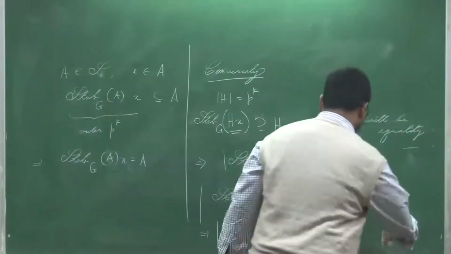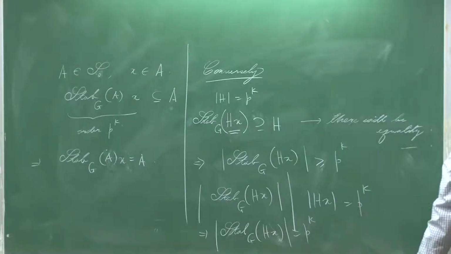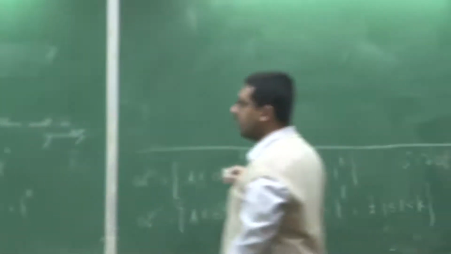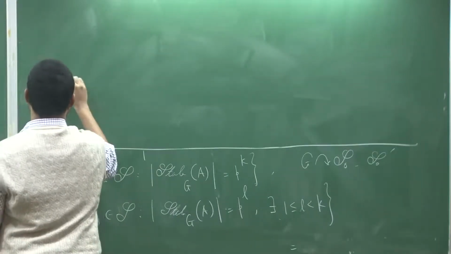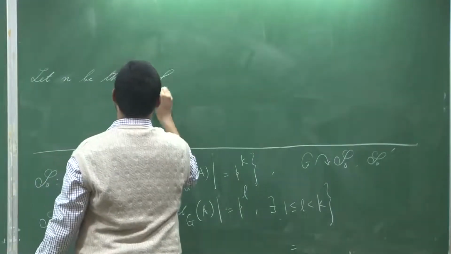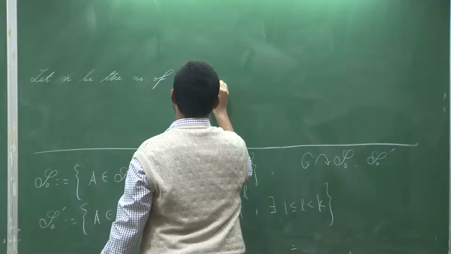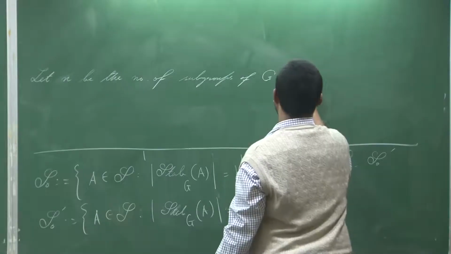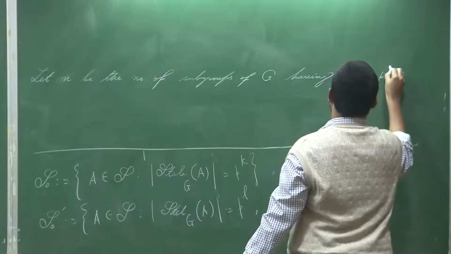So, that tells me the following: let n be the number of subgroups of G having order p to the power k.